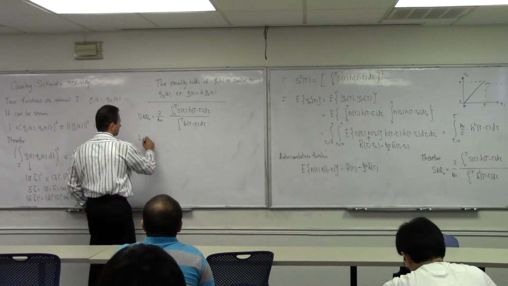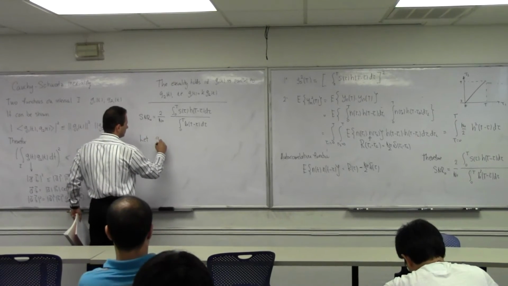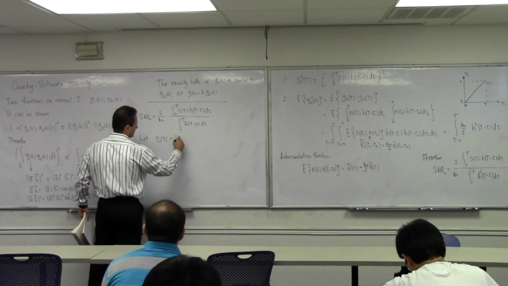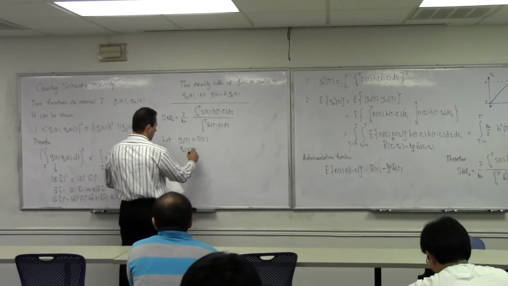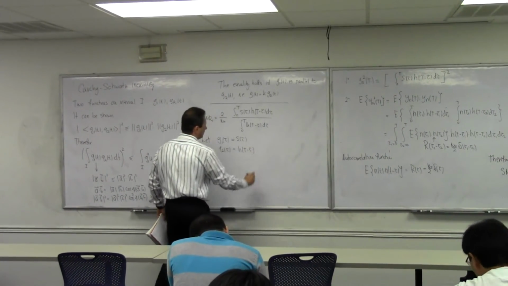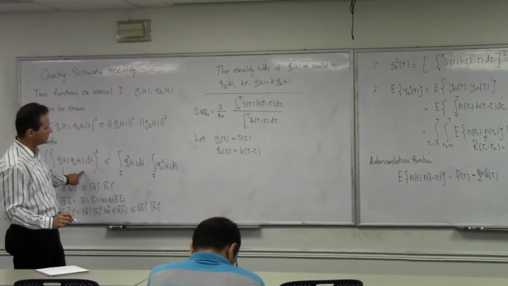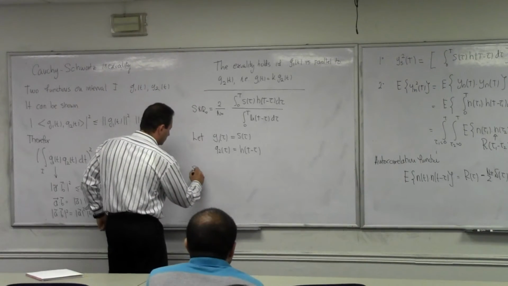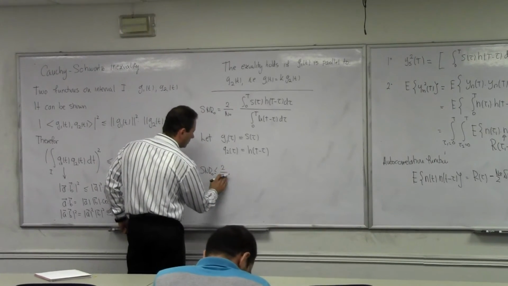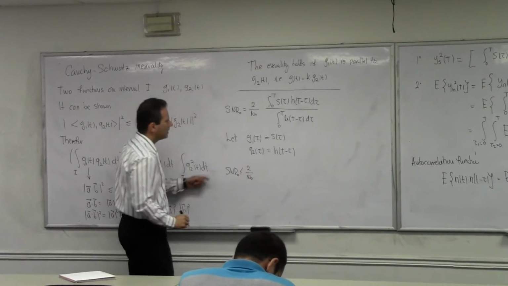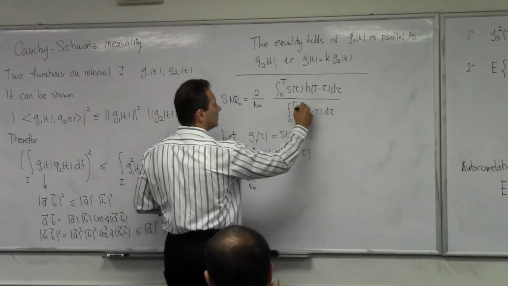Let g1 of tau be equal to s of tau, and g2 of tau be h of T minus tau. I'm trying to apply this inequality. Now, the signal to noise ratio at the output has to be smaller than or equal to 2 over n0, and upstairs I have a dot product.